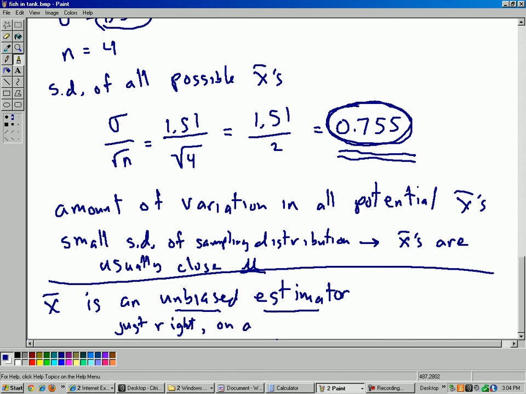On average. Sometimes the sample mean is too high. Sometimes sample mean is too low. But on average, it will be the same as the population mean. Same as mu. And that is it.